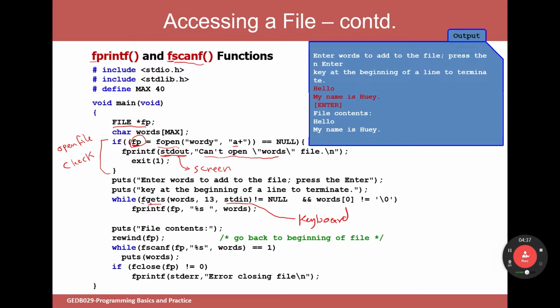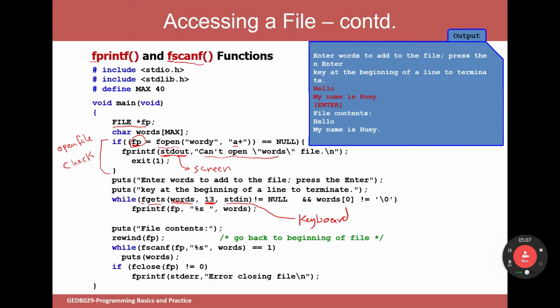I get some string from the keyboard, and it will keep reading until there is enter. The enter character stops the reading, and anything it reads goes to the string, which is an array of characters. So anything you read from the keyboard will go to words, and words here is the array of characters, or string.